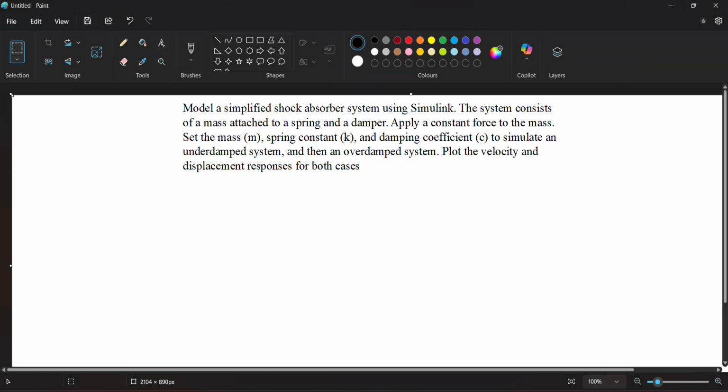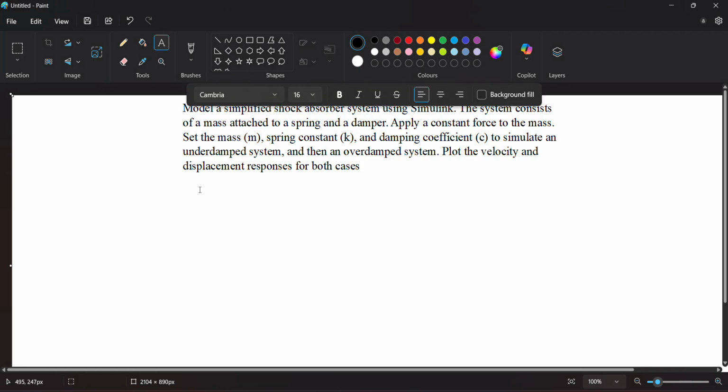So before getting into the problem, let us see what the system equation is. This is the equation on which the problem depends. So we are going to write the equation of a simple spring with a damper system.